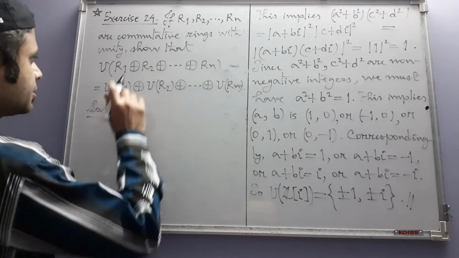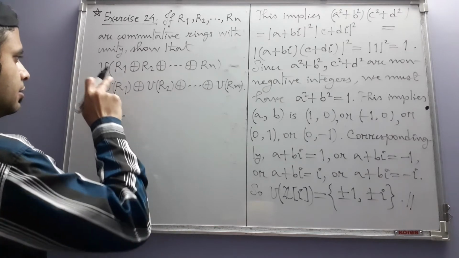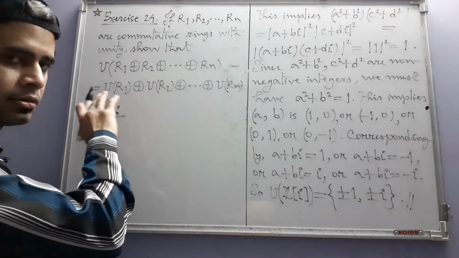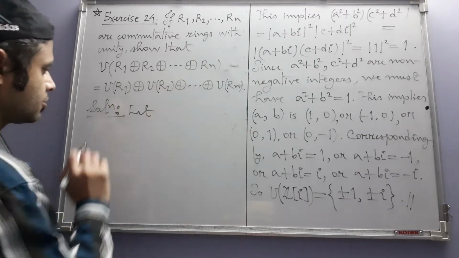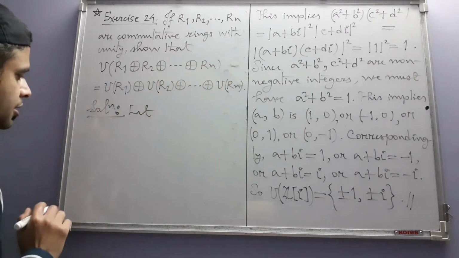So we will just have to show that each side is a subset of the other. So let us start by considering an element on the left side.